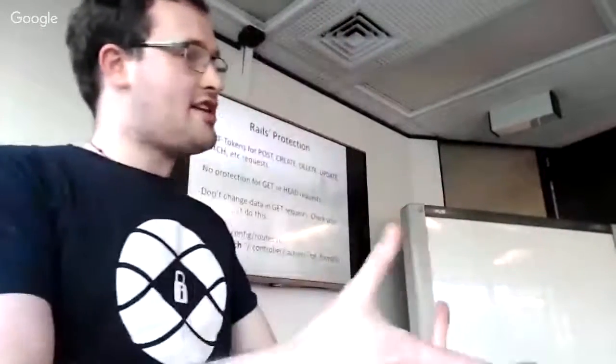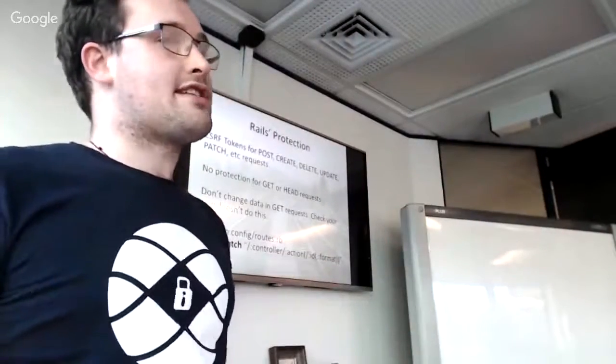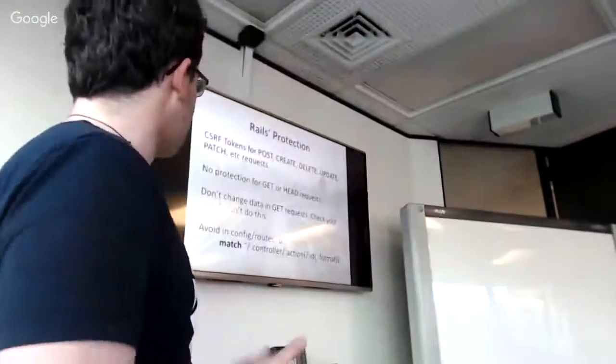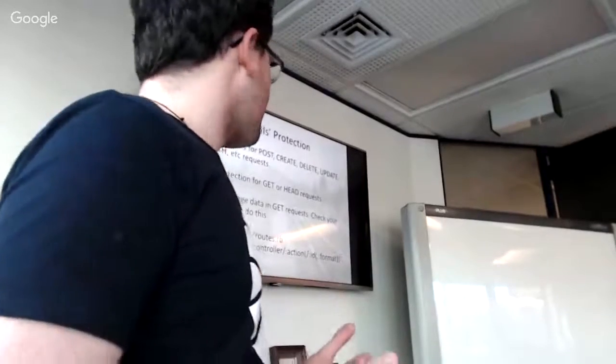However, when we make a post request, when we make a create request, delete, update, these are all data modifying verbs. These are all saying I want to change something, and Rails goes, right, I assume you want to change something, so I'm going to check that you've authorized it. And that's the point that this kicks in.